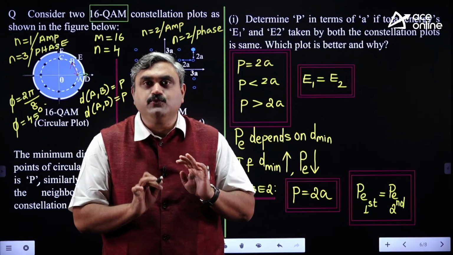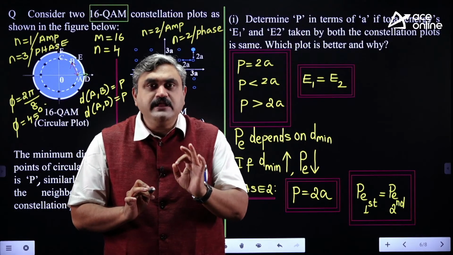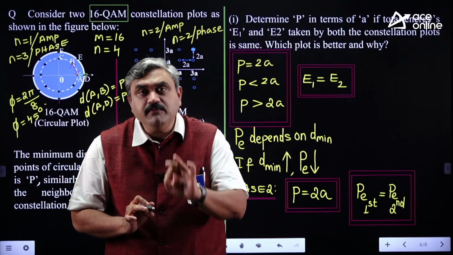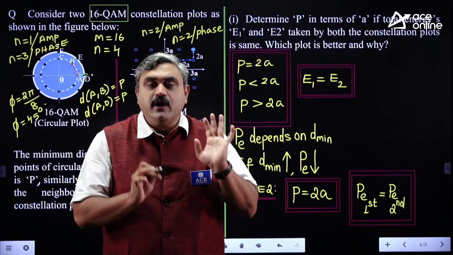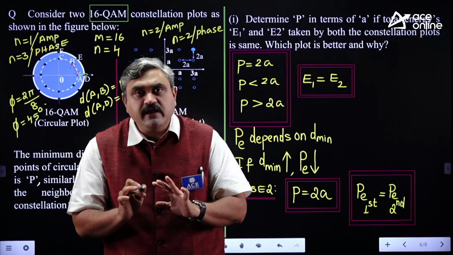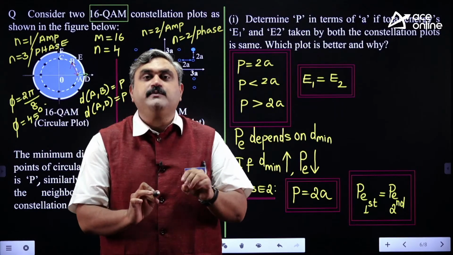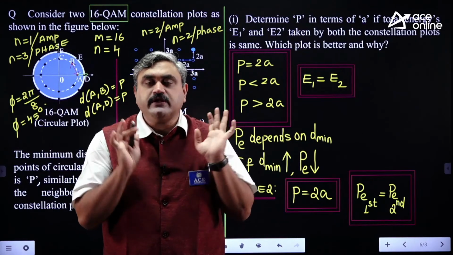There is no such rule. It depends on parameters. Simply calculate d minimum, see the plot which has more value of d minimum, that plot will have lesser probability of error. So our target is to always consider a constellation plot where the value of d minimum is maximized. That will automatically give you minimum probability of error.